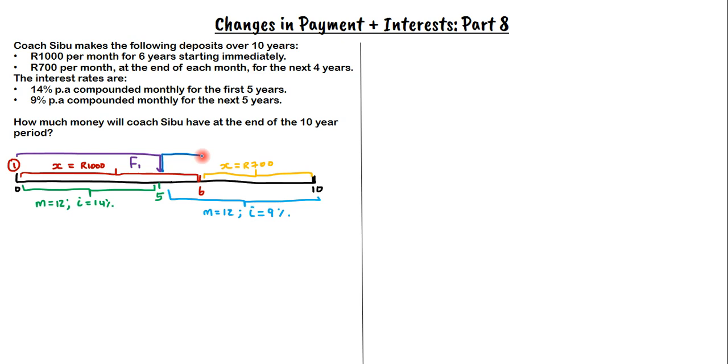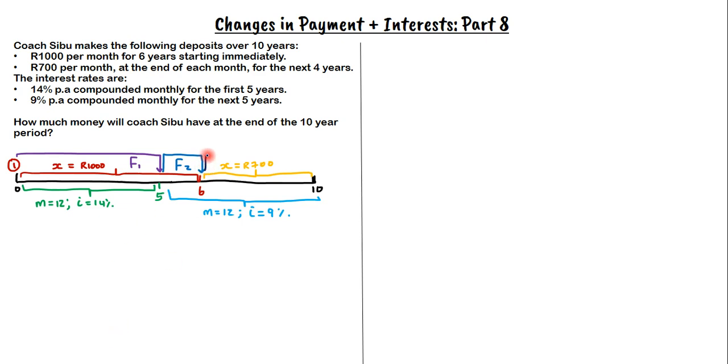It occurred right here. That's when the 1,000 Rand was no longer in, and we started putting in the 700. So this is the second future value. And then from there, the rest just grew up until the end, right?